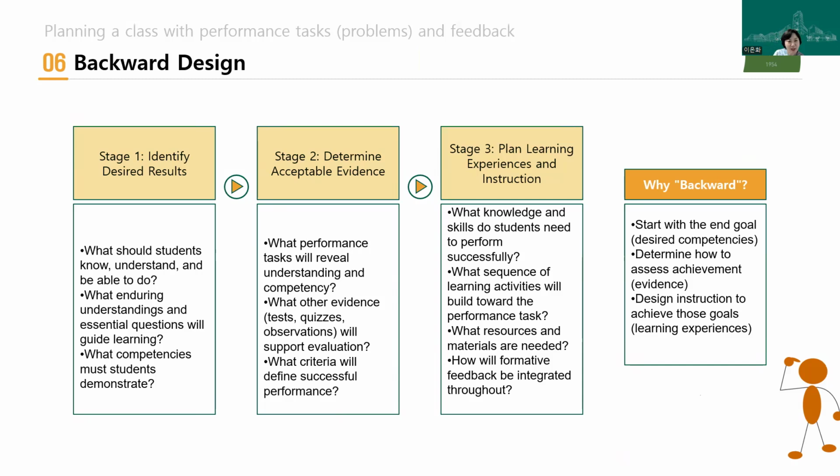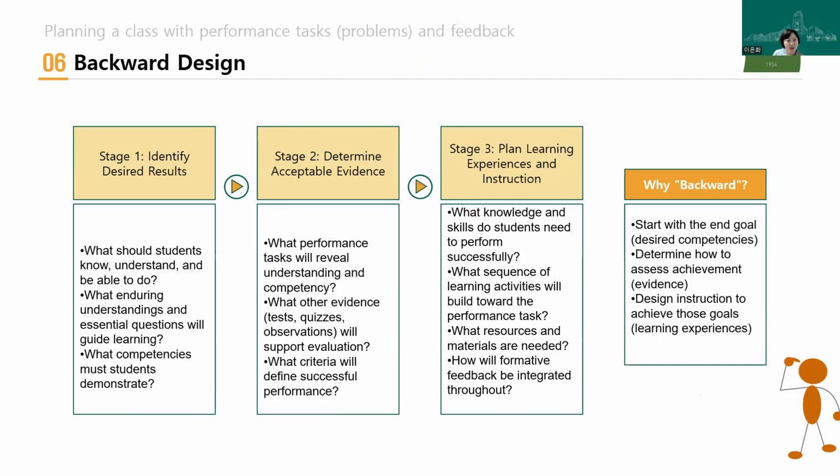Determine how to assess achievement. Design instruction to achieve those goals. The figure at the bottom symbolizes this. The person walks backward through the design process. You are walking from the destination back to the starting point.